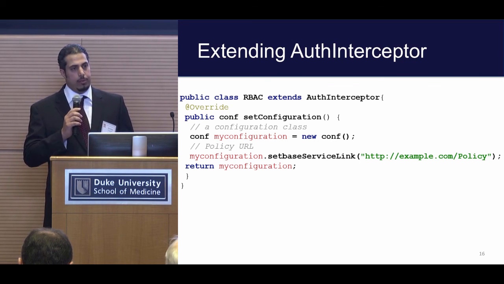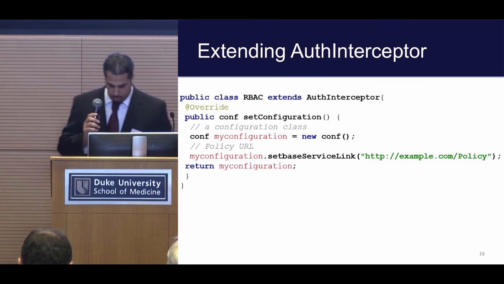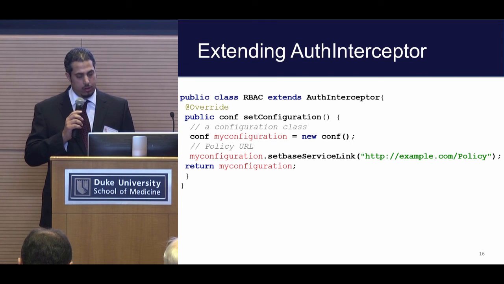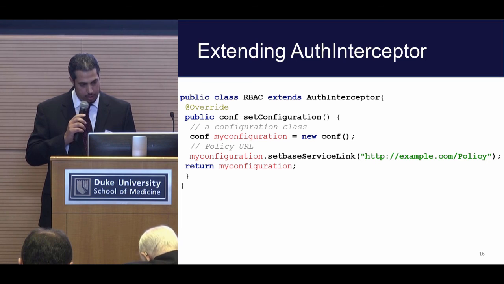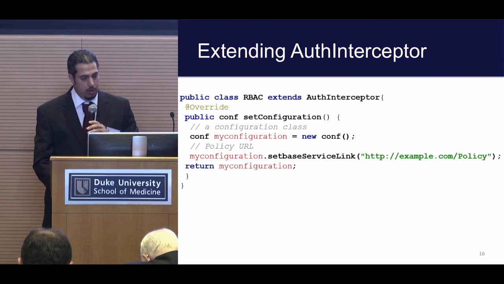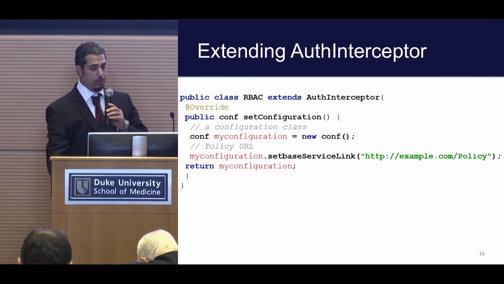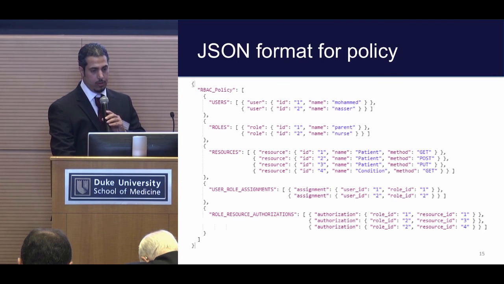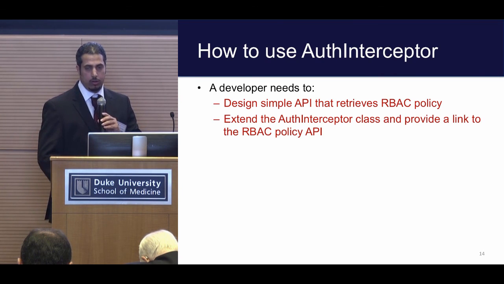Another contribution, or another way of using it, is that it enables any developer to use the RBAC security to develop any other application easily and directly, just by using this approach. You need just to have this format and write this code.